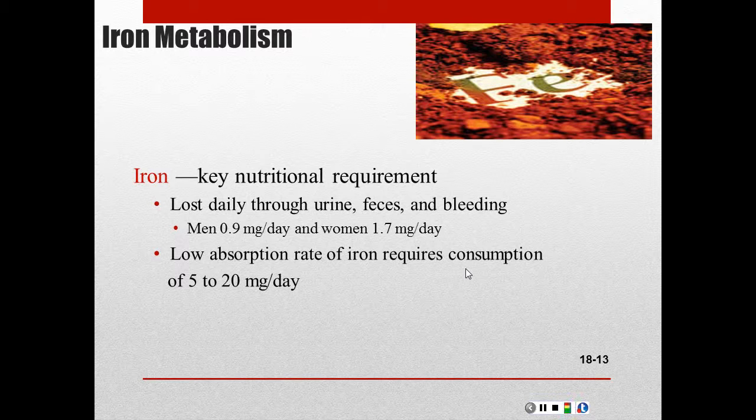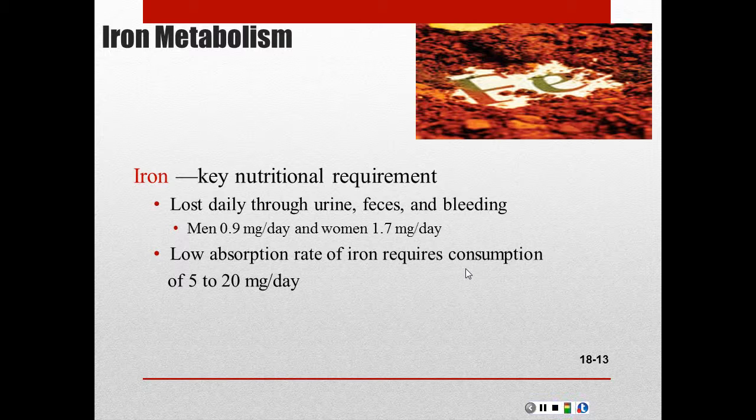The majority of iron required by the body is acquired by recycling iron from senescent cells, like aging red cells, which are no longer capable of dividing, but they're still alive and metabolically active.